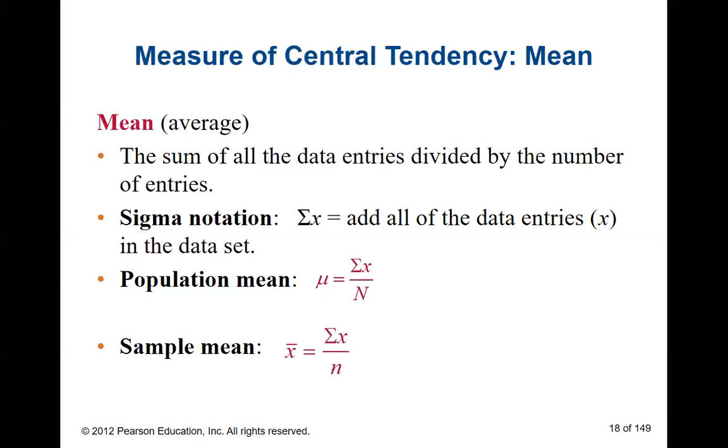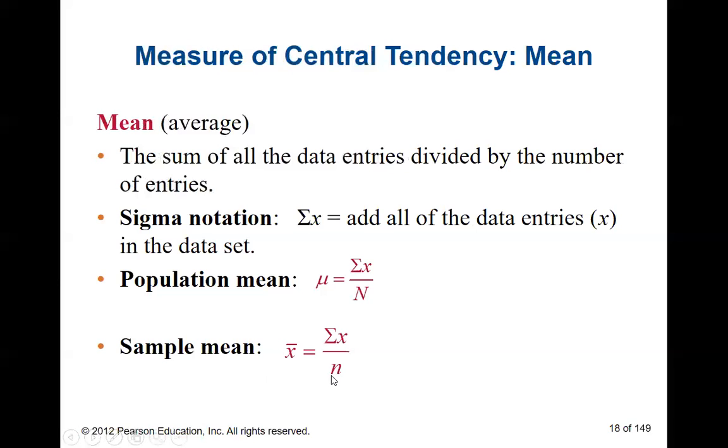Now, if I'm only working with a sample, would I still find a mean the same way? Add them all up and divide by how many's in the sample. But look at how the formula looks different. The only thing that changes is instead of using a capital N, now we use a lowercase n. And the lowercase n is the clue.